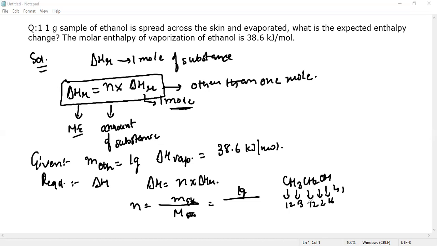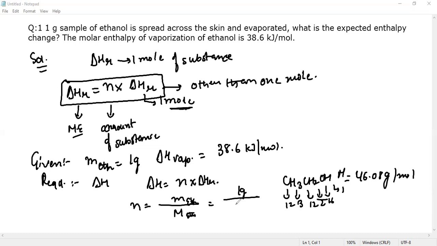If you want to take the decimals also, like 1.01 is the mass of hydrogen, you will find the value up to some decimal points. I've just given you a rough idea. Along with the decimals, the molecular mass of ethanol is 46.08 grams per mole.